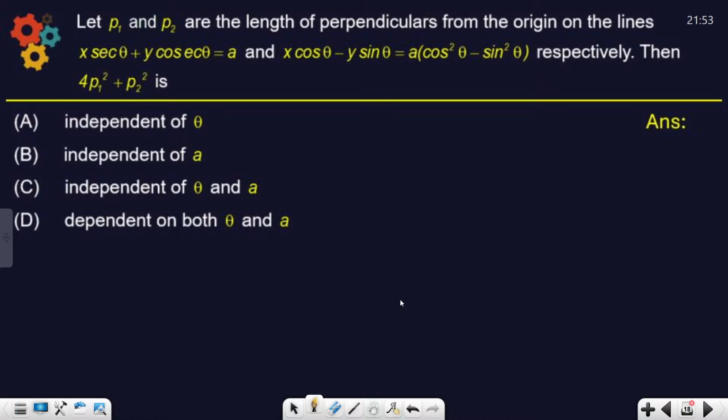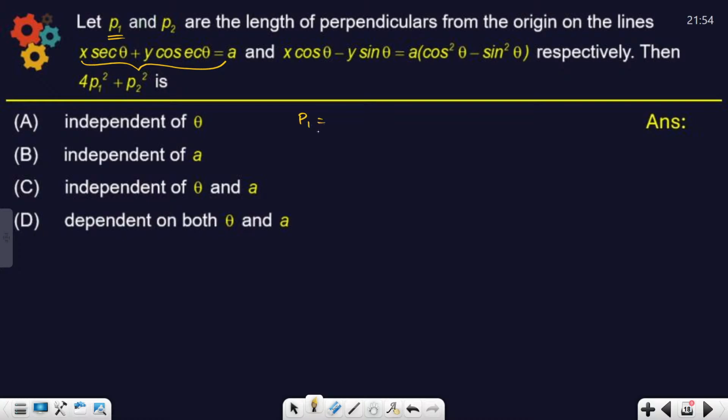What is the question? The question is, if P1, P2 are the lengths of perpendiculars from the origin on the lines given, respectively. So what they're saying is, from the origin you are drawing a perpendicular on this line, and that perpendicular length is P1. So let me write it here.